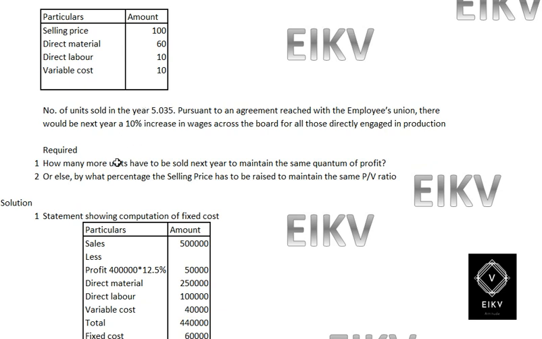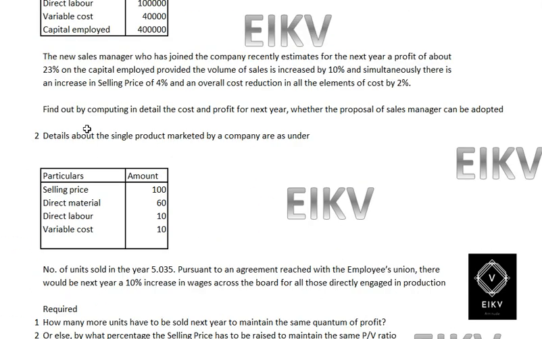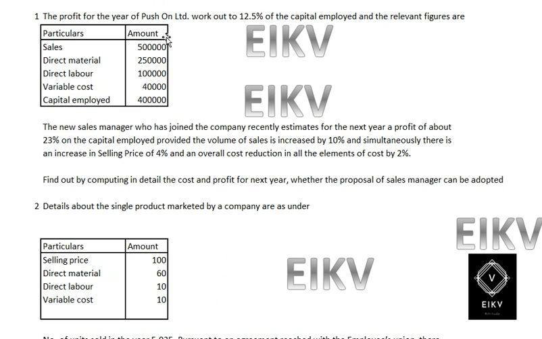You are required to find how many more units have to be sold next year to maintain the same amount of profit, or, number 2, by what percentage the selling price has to be raised to maintain such amount of profit. In the first question they have given some details of a product manufactured by the company, and the company expects a return of 12.5%.